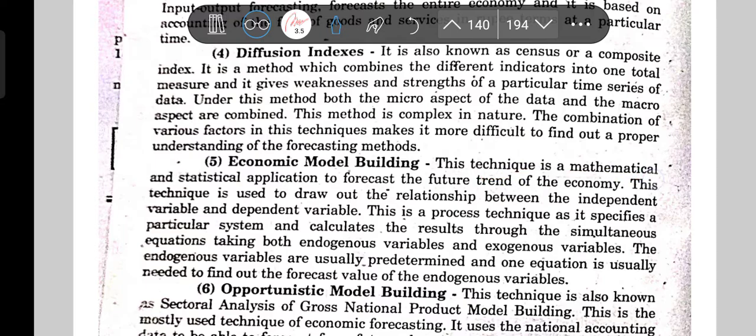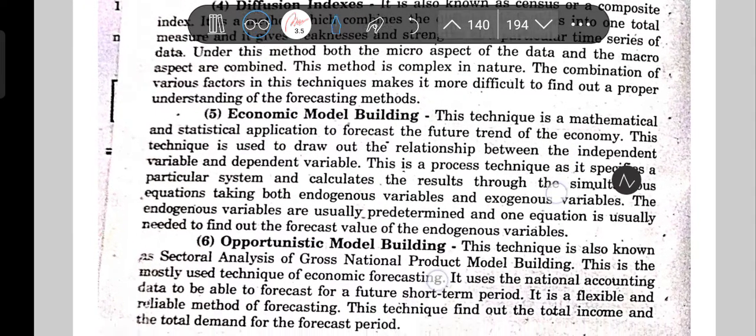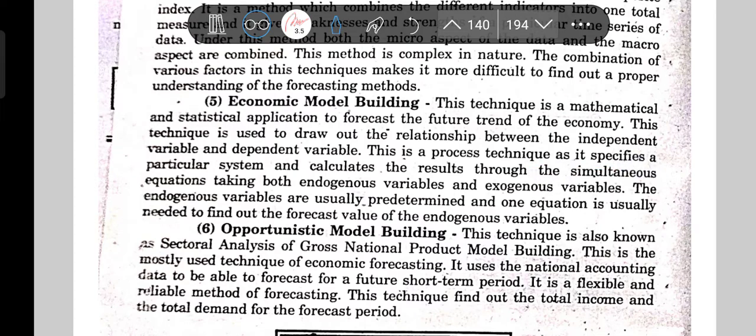This method is a mathematical and statistical application to forecast the future trend of the economy. This technique is used to draw out the relationship between independent and dependent variables. It is a process technique, as it specifies a particular system and calculates the result through simultaneous equations, taking both endogenous variables and exogenous variables.